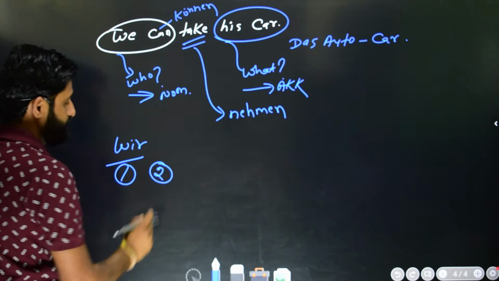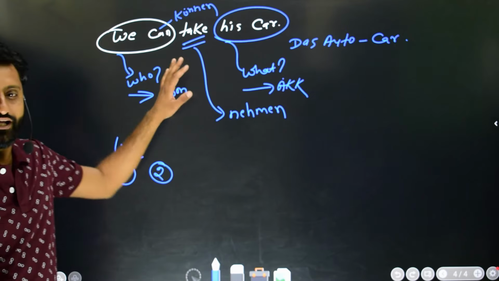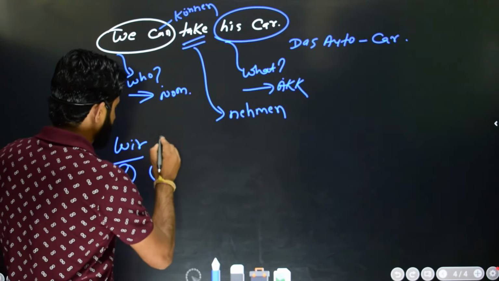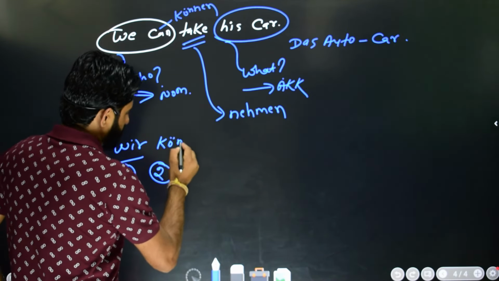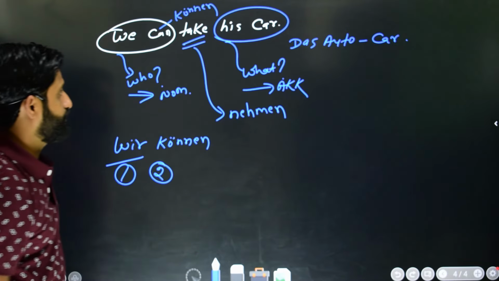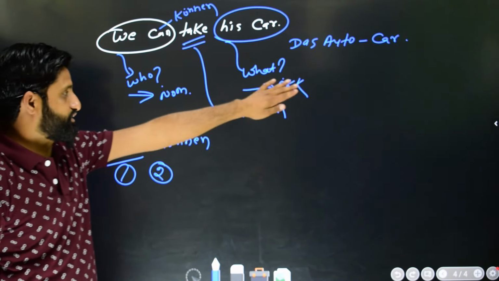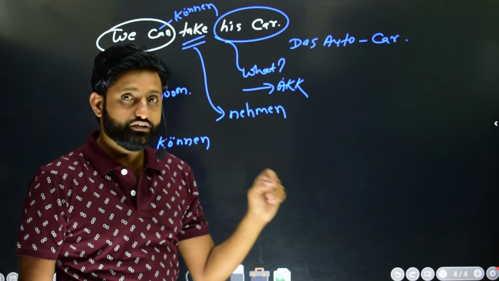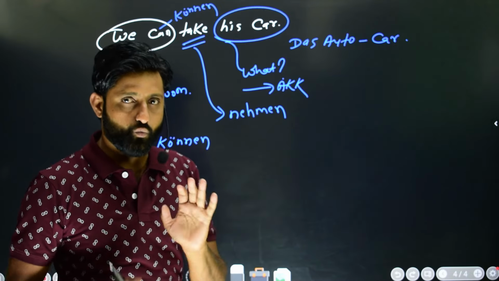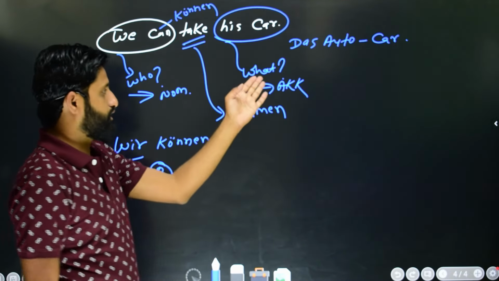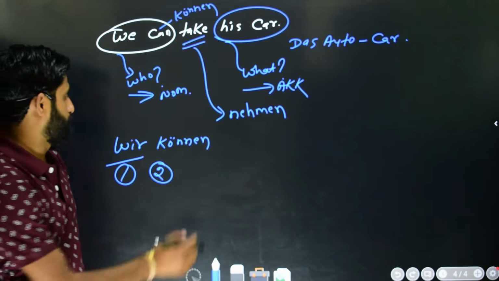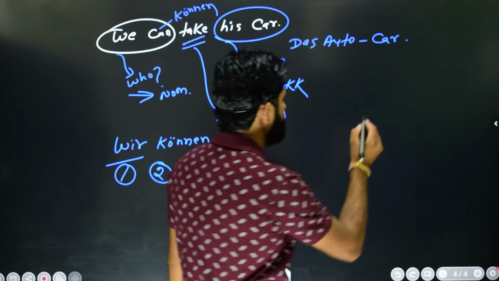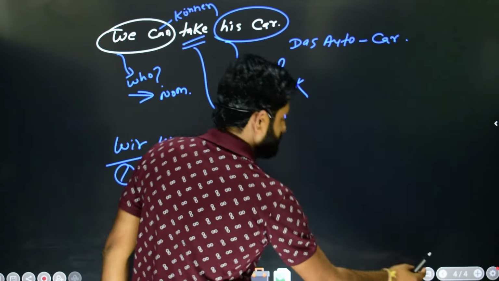On the second position there will be the conjugated form of the modal verb. So it should be können. Wir können. Then what do we need? We need an object, his car, and this should be in accusative. Why in accusative? Because the question is with what. So his will be sein. This is the base form.